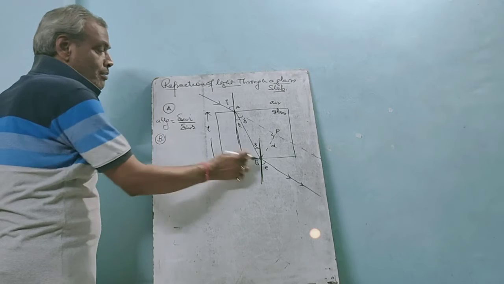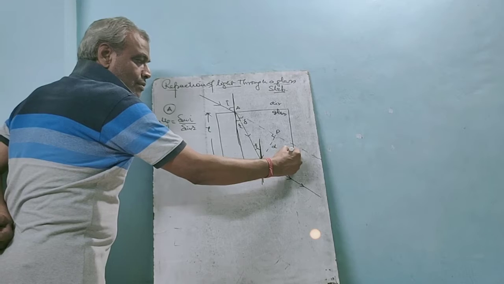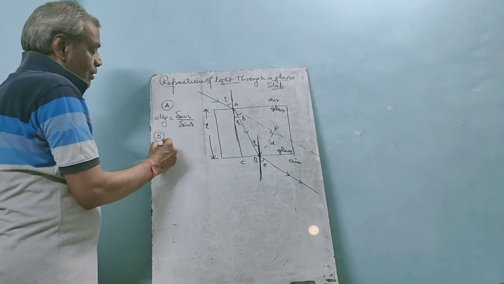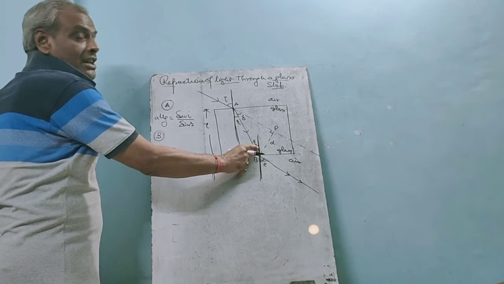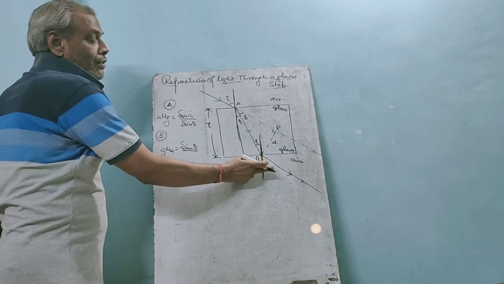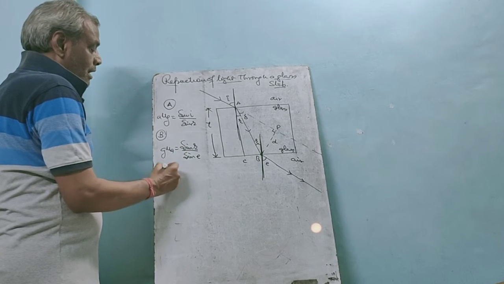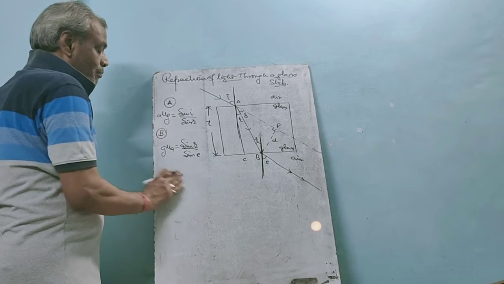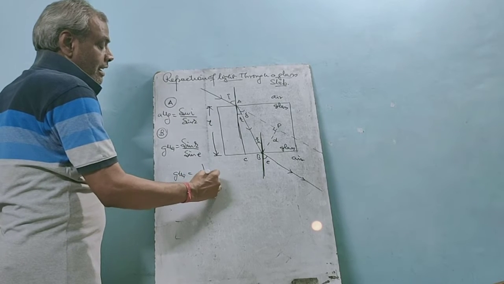Now at point B, the ray of light is traveling from glass to air. So g mu a equals sin of the angle of incidence, which is r, upon sin of the angle of refraction, which is e. But according to the principle of reversibility, g mu a equals 1 upon a mu g.